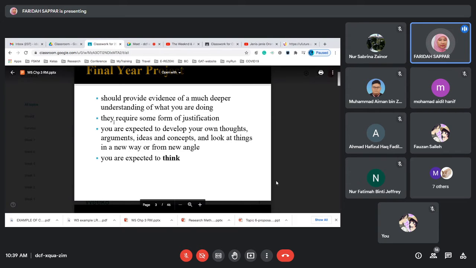Okay, dia kata kat sini, you are expected to develop your own thought, argument, idea and concept. Jangan terlampau mengharap dengan supervisor. You sendiri fikir, lepas tu try to decide, so this is the best way untuk you buat, and then you just discuss dengan supervisor agree ke tak.